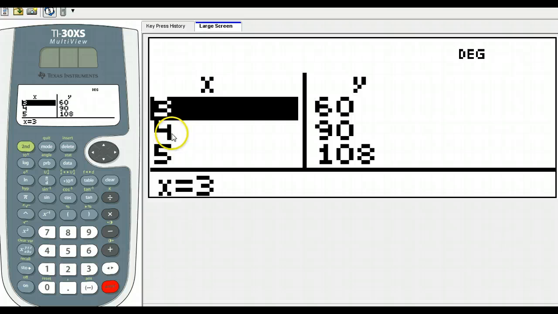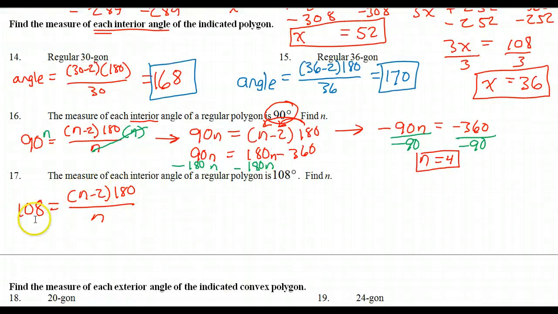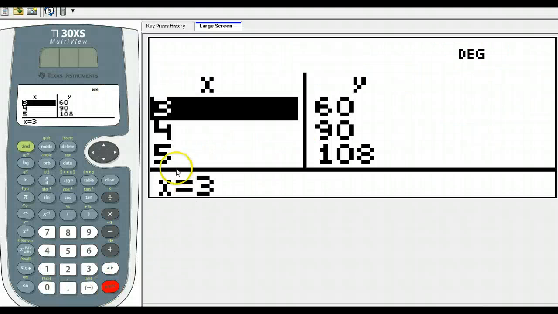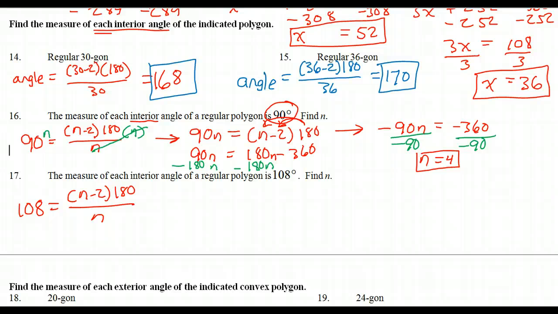For a square, that's 90. For a pentagon, each angle is 108. I was looking for which number of sides will give me each angle of 108, and here it is right on my calculator. 5 sides gives me each angle of 108. So that is another way to find that n is equal to 5.